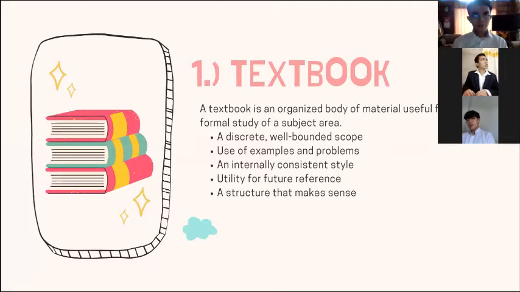Lastly, a structure that makes sense. A textbook does not only provide information about a certain topic, but also aids both teacher and students to a range of related topics or ideas that guide in mastering a subject. Also, it is easy to understand.